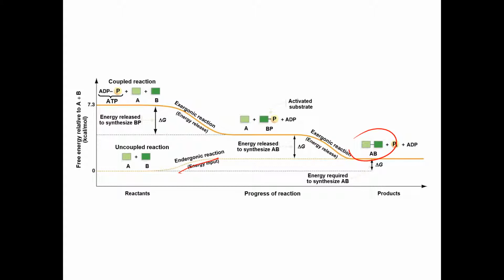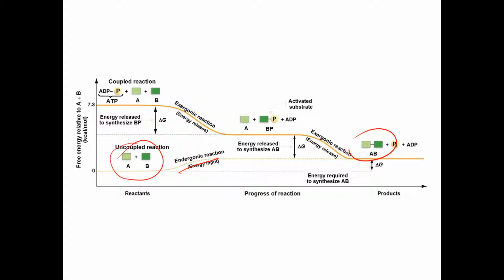It requires energy. So you take an exergonic process where you actually produce and release energy in the form of ATP. Energy gets released, and in this process, the energy being released gets captured and transferred to these original reactants.